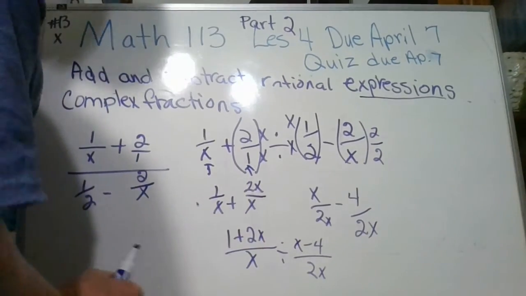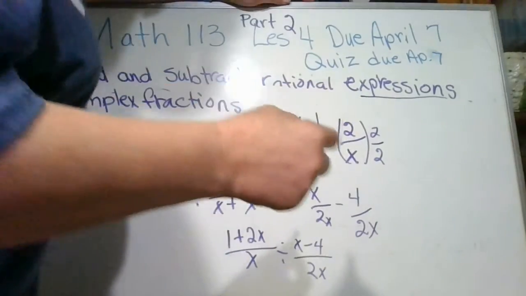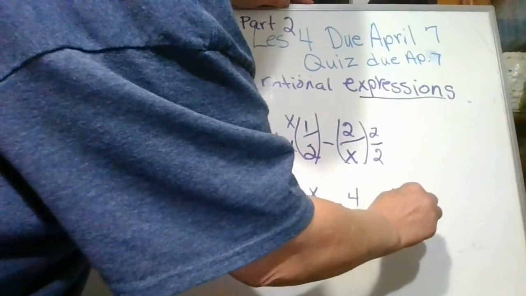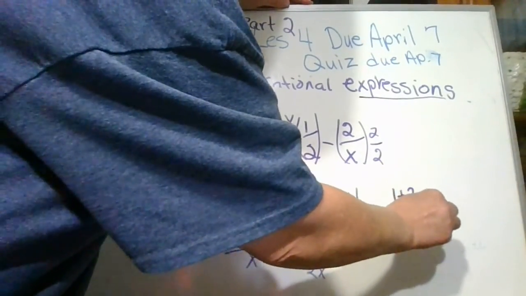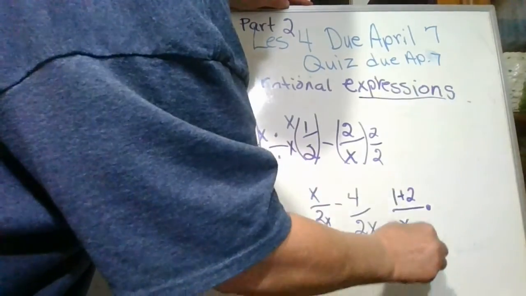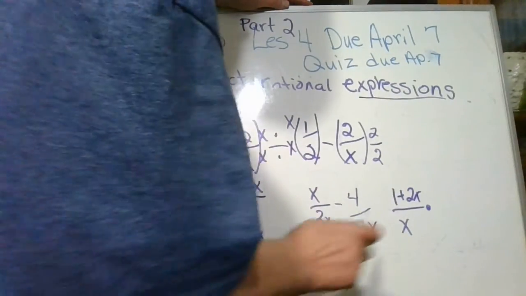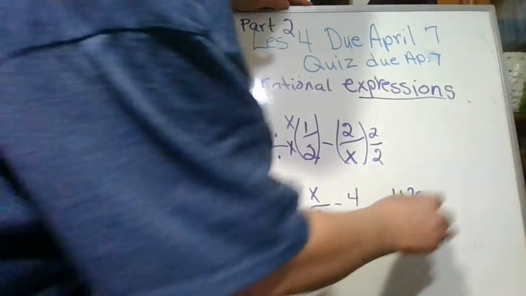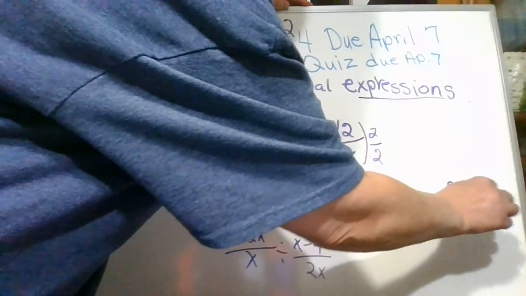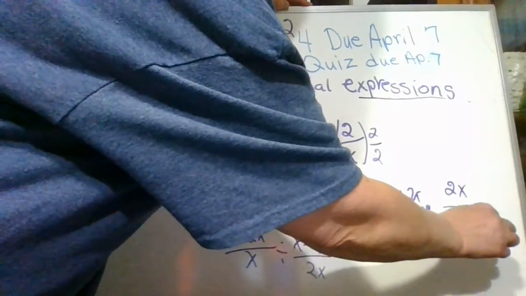I haven't done anything to change it, but I'm ready now to change it. So I'm going to have 1 plus 2x over x, and I'm going to keep this, change this, and flip the next one, which is going to be 2x over x minus 4.